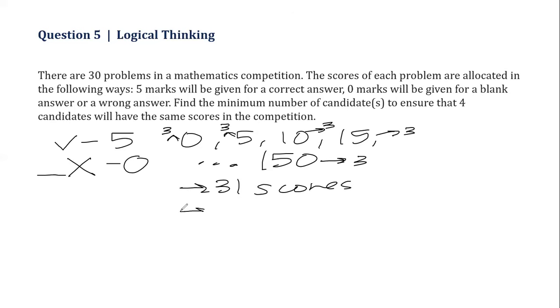So with this, we have 31 times 3 students, which is 93. And we will then just add 1 student so that whatever the student gets, we can ensure that there are 4 candidates that have the same score. So 93 plus 1, that is 94 students. So this is our answer.